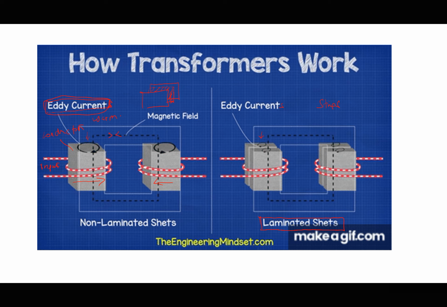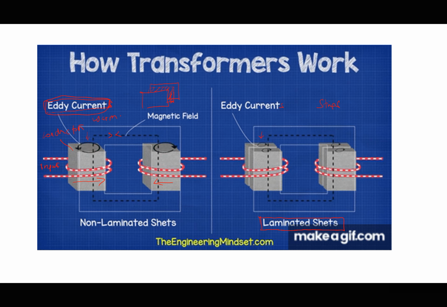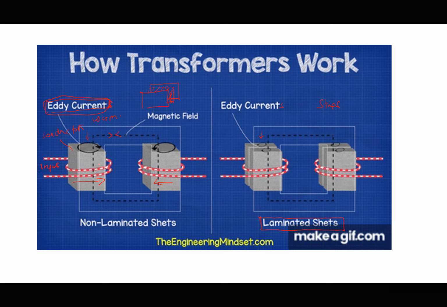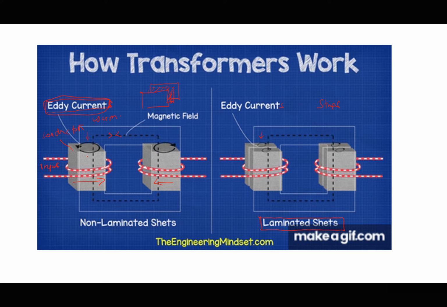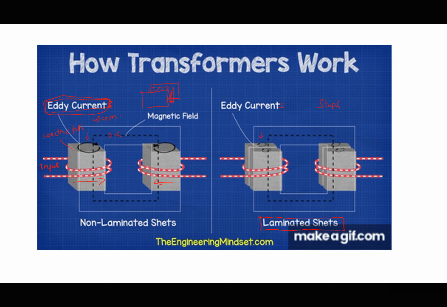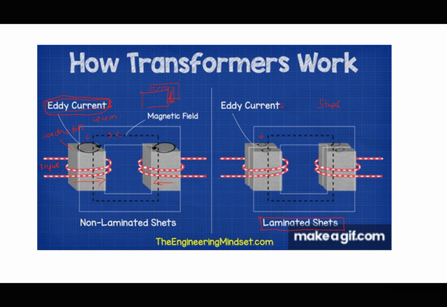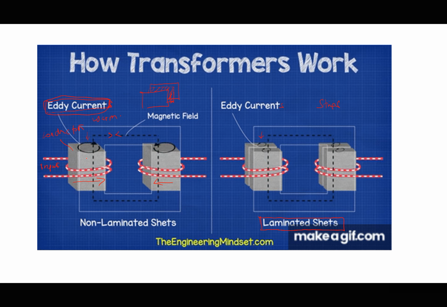During the working of the transformer, because the soft iron core is a conductor and the magnetic field is changing within the soft iron core, it means several currents can also be generated within the core itself.